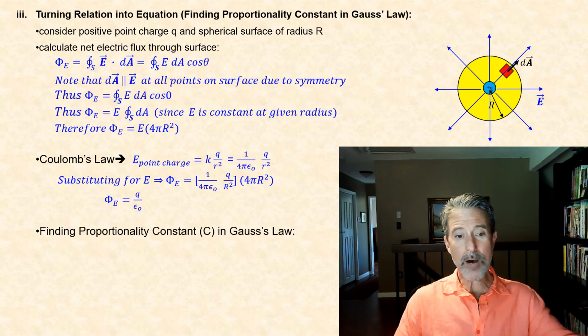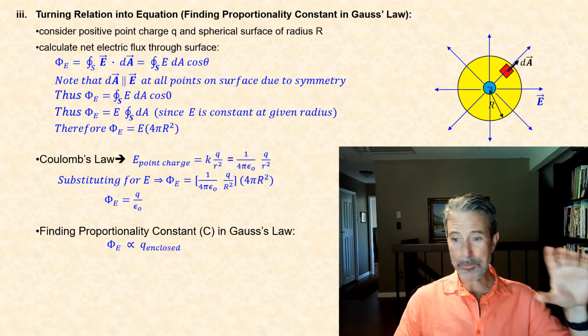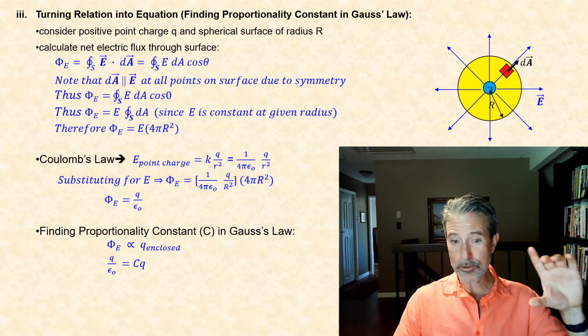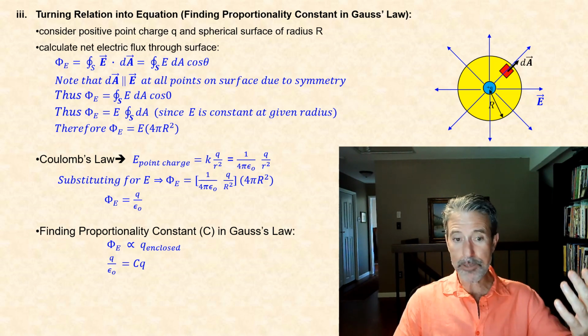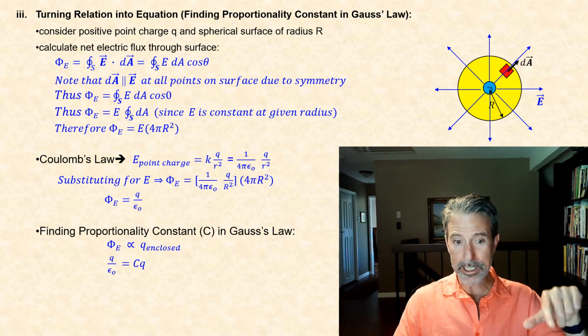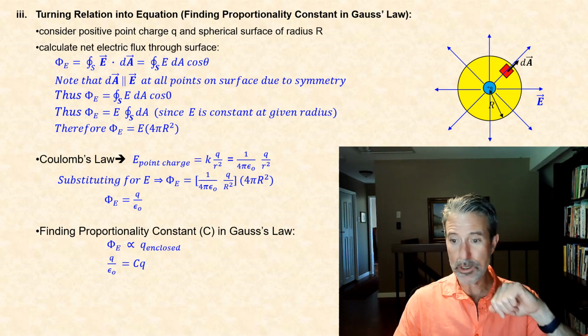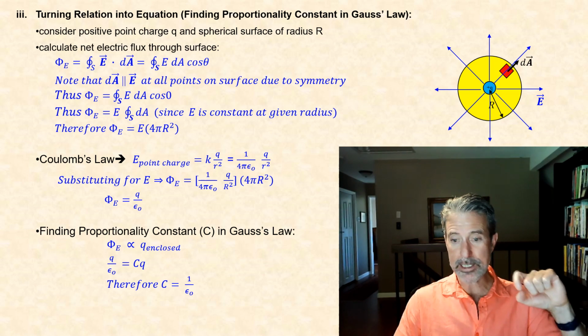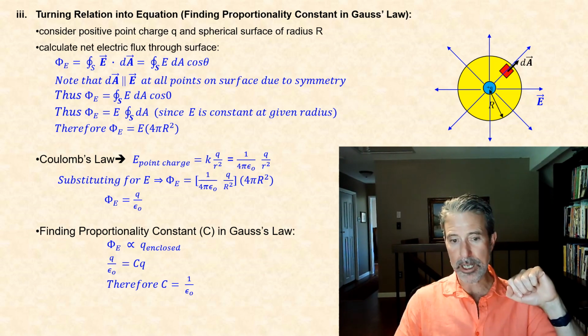So now all we have to do is find the proportionality constant in Gauss's law. Remember, Gauss's law tells us that the net electric flux is proportional to the charge enclosed. We can say that the net electric flux, which we found to be Q over epsilon naught, is equal to some proportionality constant times the charge enclosed, which for this case is Q, in which case that proportionality constant has a value of 1 over epsilon naught.